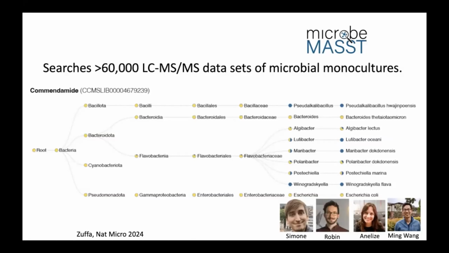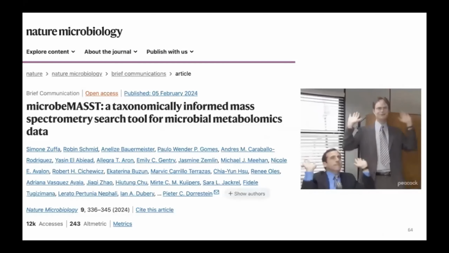But what I really like about MicrobeMASST is that you don't necessarily need to have a structure attached to the MS/MS spectrum. Let's say during your studies you discover a candidate microbial molecule and you want to verify if this is the case. Well, MicrobeMASST is now a really good strategy to look at this.